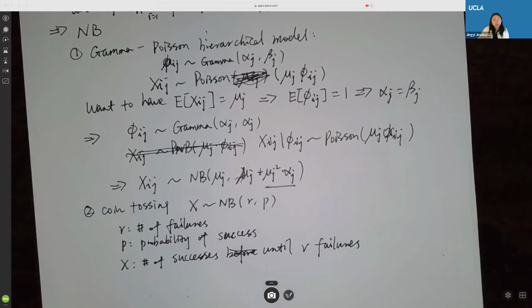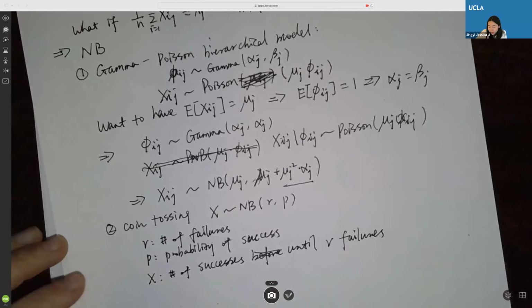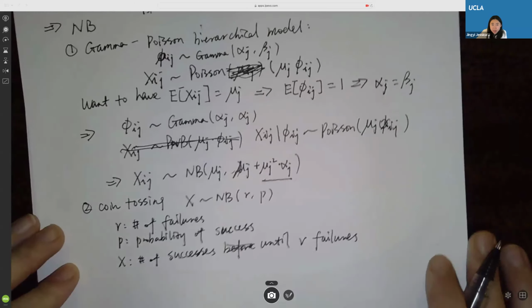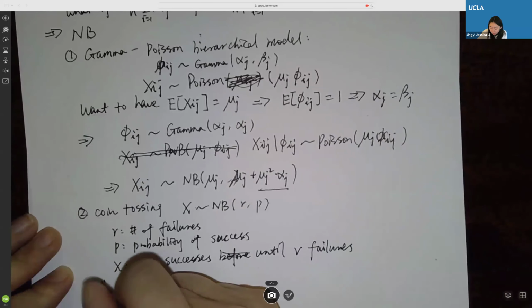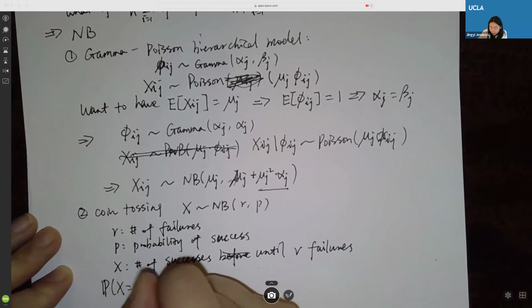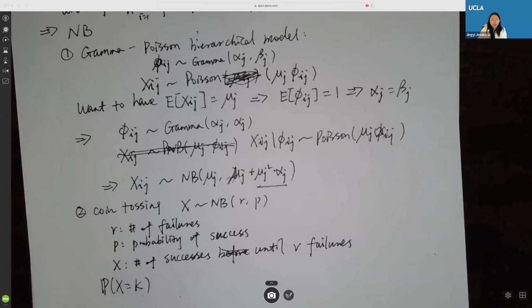So basically, you keep tossing the coin and you stop when you see R failures, and then you go back to trace and count how many successes there are. Okay, so in this case, we can write out the probability for X taking a value, let's call it K, based on this coin tossing mechanism in a probability calculation.